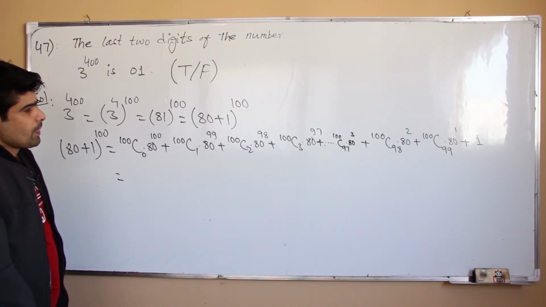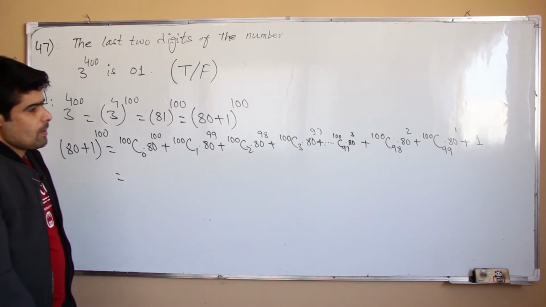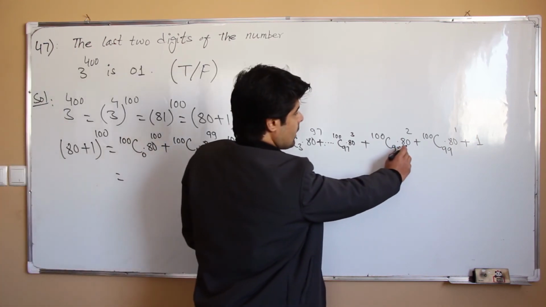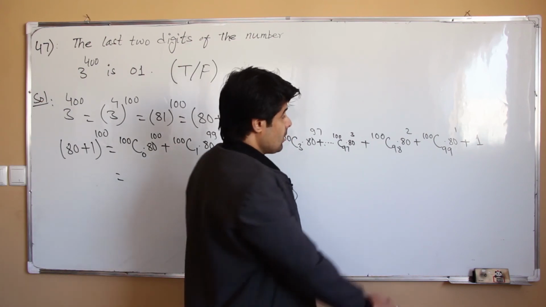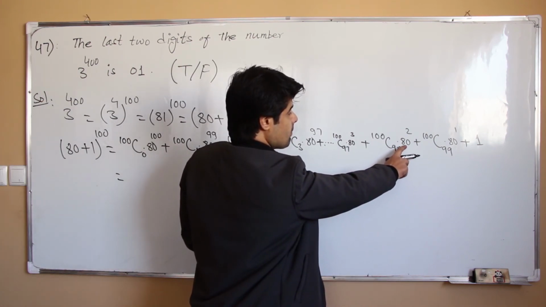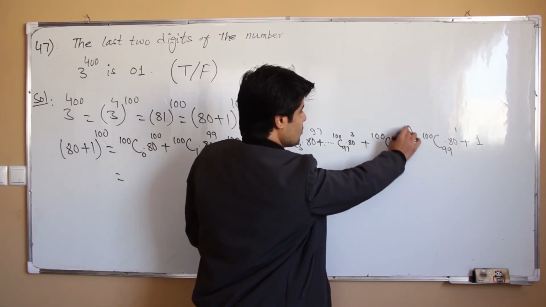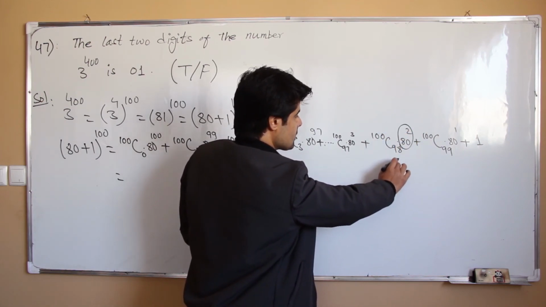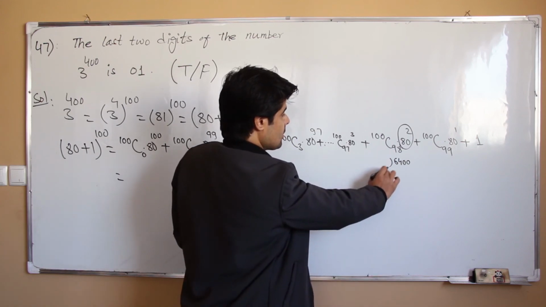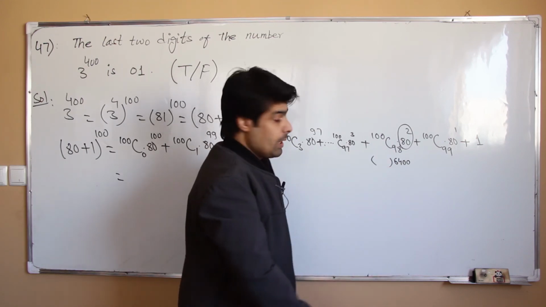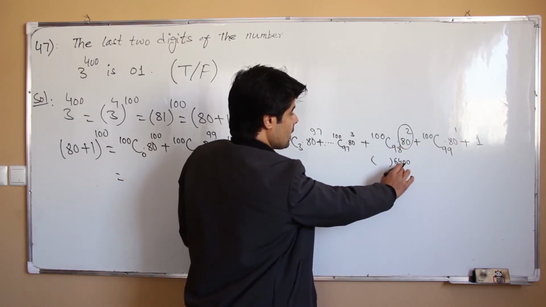Now this 80 to the power 2, what does it mean? It means 6400 multiplied by a number. It means we have 2 zeros here.